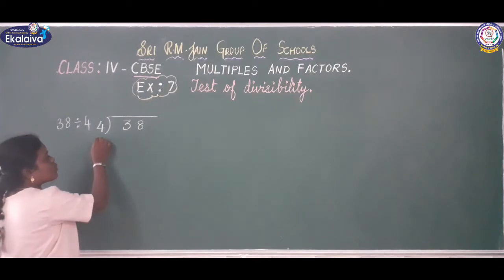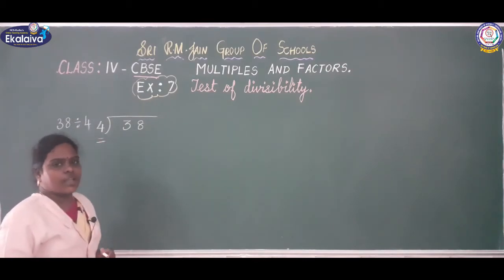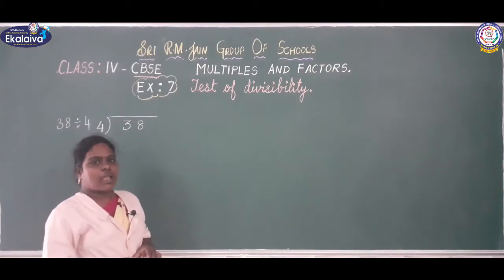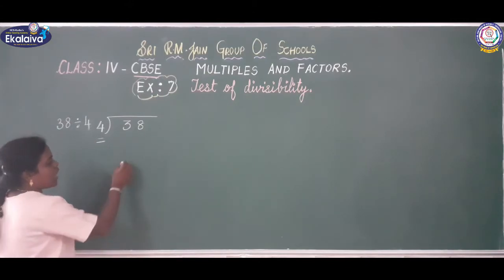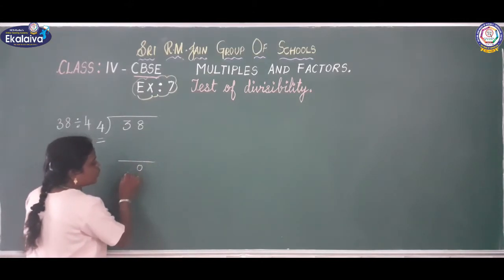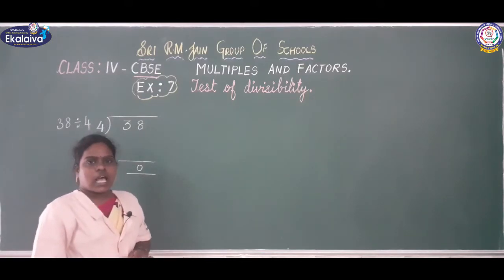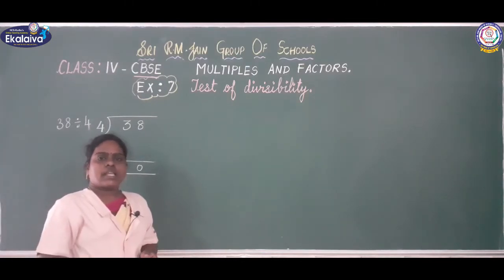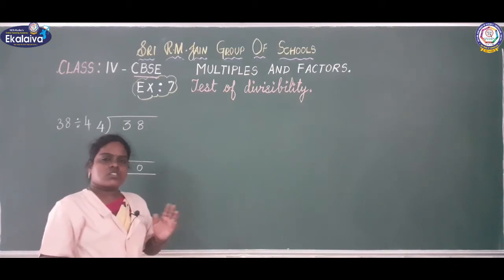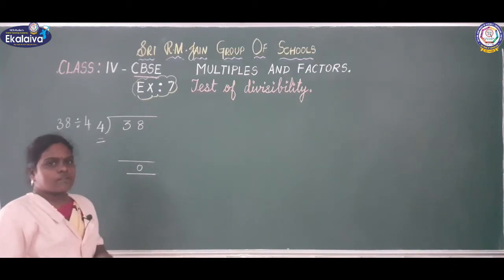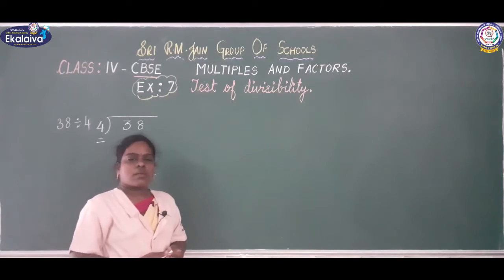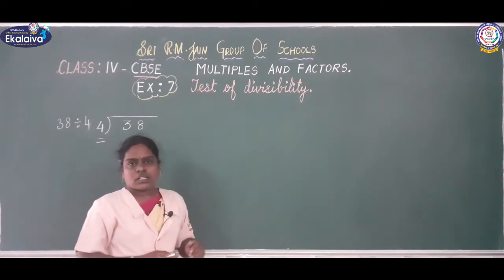Then we have to use 4 table to find out the quotient and remainder. When you are getting 0 in the remainder, the given number is divisible, or if you are getting any remainder, it is not divisible. We are going to learn today about the divisibility rules.